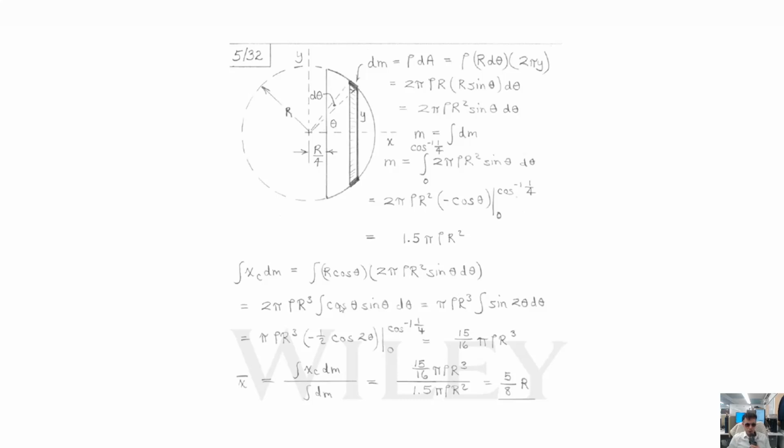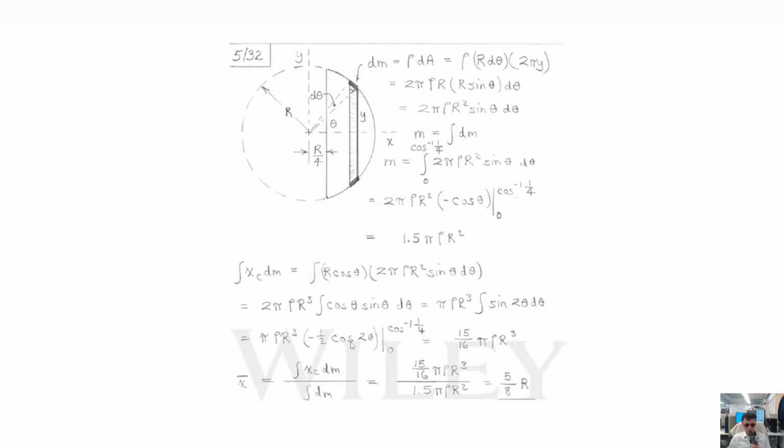Again we obtain this, and we have sine and cosine here. Their multiplication will be sine 2 theta over 2. The 2 and this 2 cancel each other. So the integration of sine will be minus cosine again, divided by 2. And you can substitute this again.